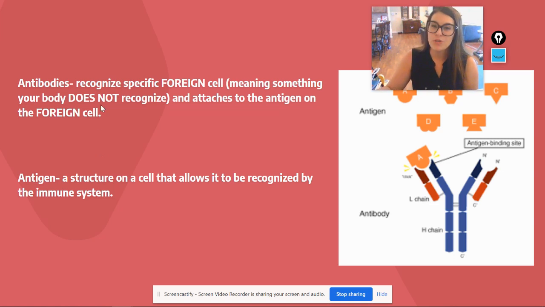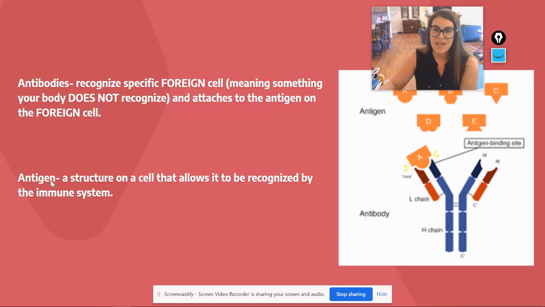Antibodies are produced in your immune system, and they are meant to recognize a foreign cell, something that your body does not recognize, and attach to that antigen. Now, a lot of people use the word attack, which is not always the case. Sometimes the antibody is just going to attach to it just to signal, like, here it is, so that there are parts of your immune system that can destroy it.